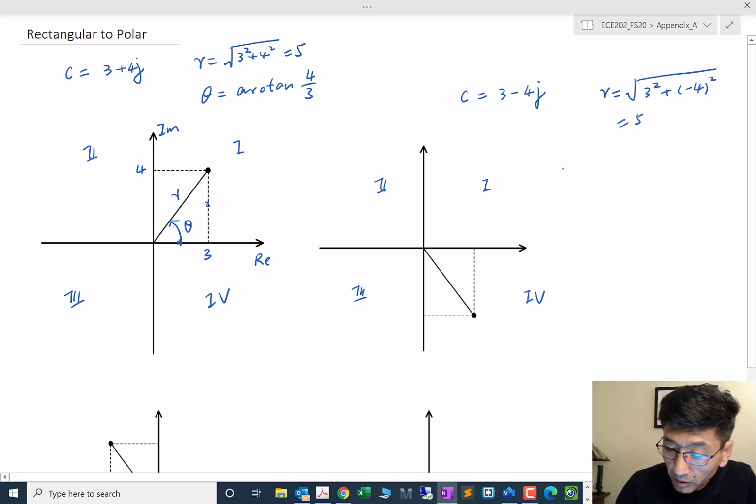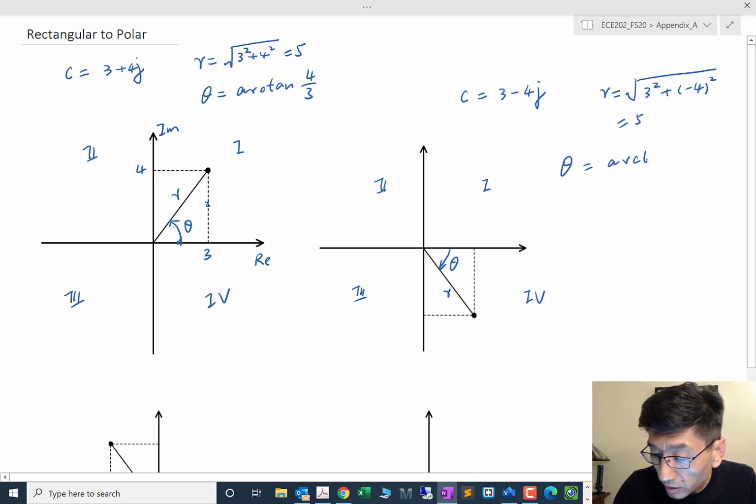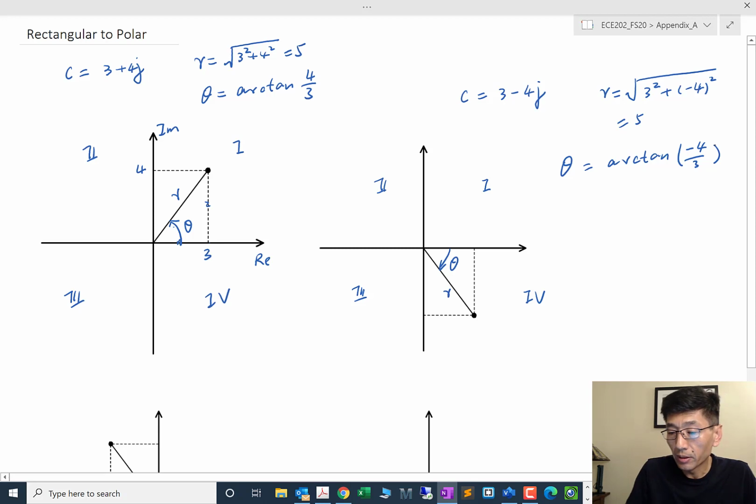What about theta? The theta in this case, so this is R, the theta would be negative. So the arctangent still applies. So theta is still arctangent of the imaginary part, which is -4, over the real part, which is 3.